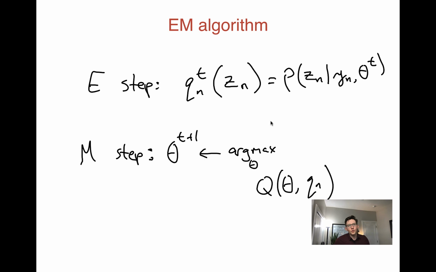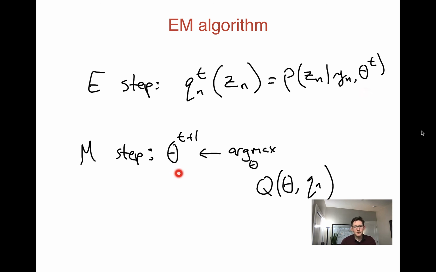Okay, so just to reiterate, we end up with our EM algorithm. You can think of the EM algorithm as iterating these two steps. The first is to figure out what these Q of n variables are, these auxiliary distributions, and that amounts to a probabilistic inference over z of n given the parameters theta t.